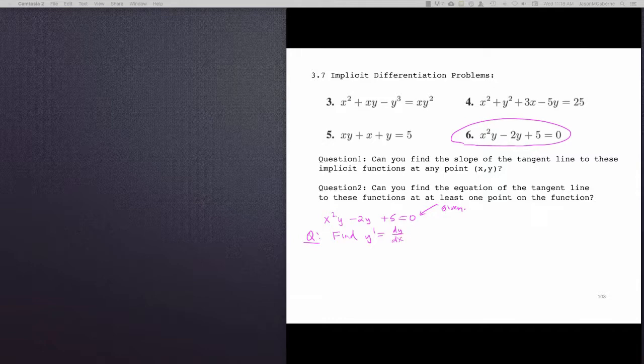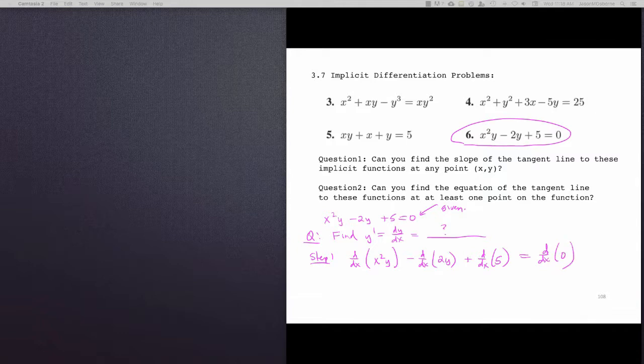Can you find this? Okay. To do that, your step one is going to be to take the derivative of both sides of the equation. Okay. Taking the derivative on the left-hand side, you'll get to take the derivative of each entry separately. Okay, that's the left-hand side, and then you'll get to take the derivative of 0 on the right-hand side.